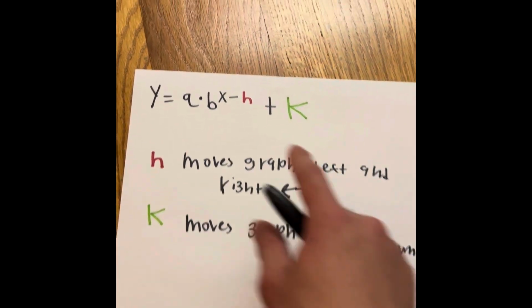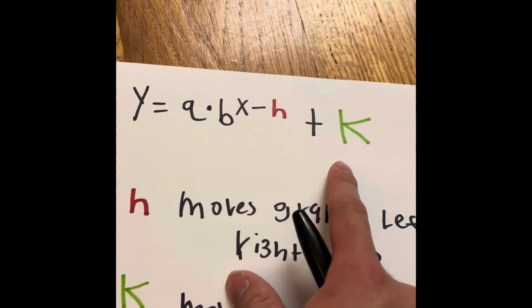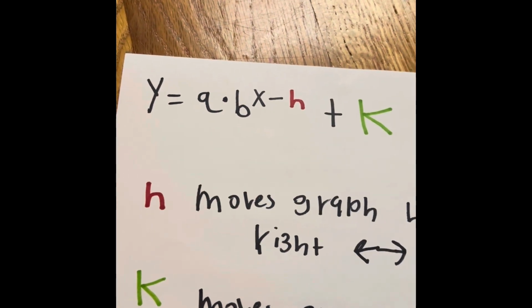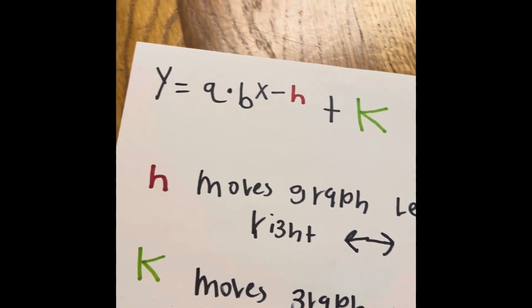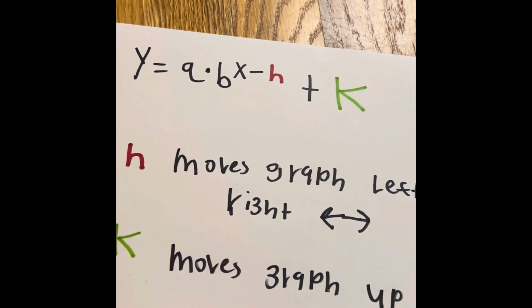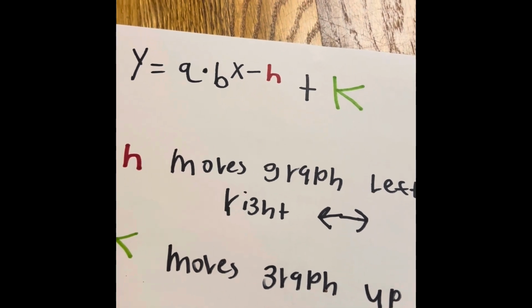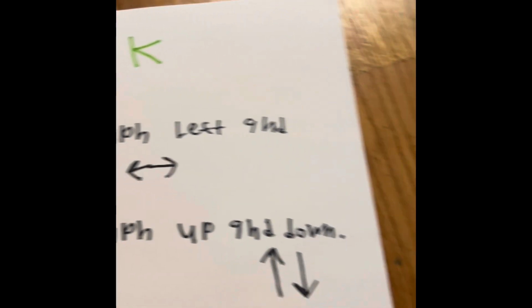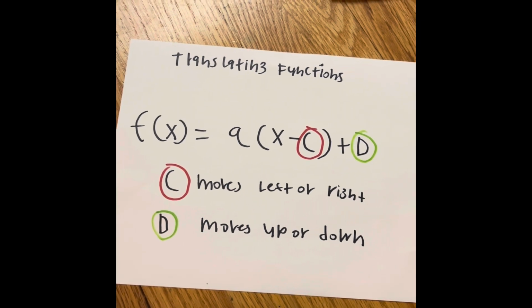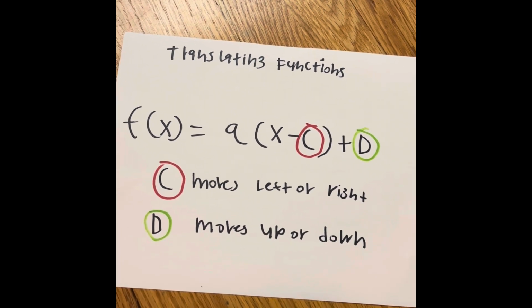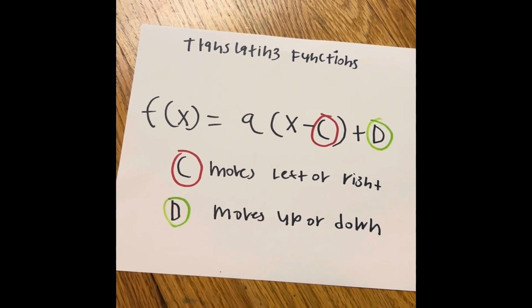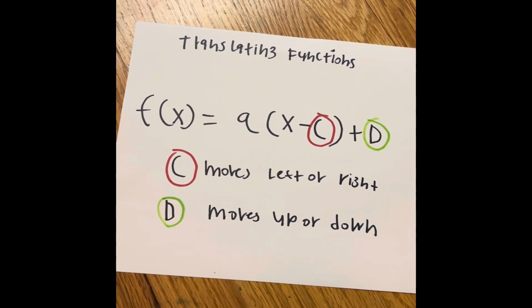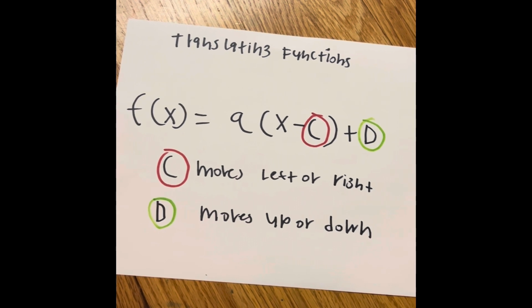Hey, this reminds me of something. This formula looks very familiar, because in previous videos we've seen this kind of formula before. We've been learning a lot about translating functions, where the function equals a times parentheses x minus c, plus d.